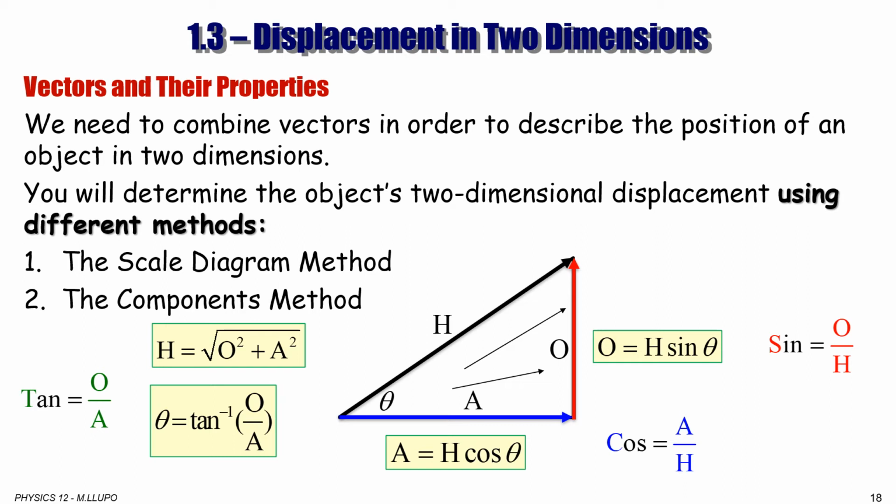Think about this as the angle looking toward that front side. So what you see when you're looking from that angle's point of view is a side that you can find using sine.